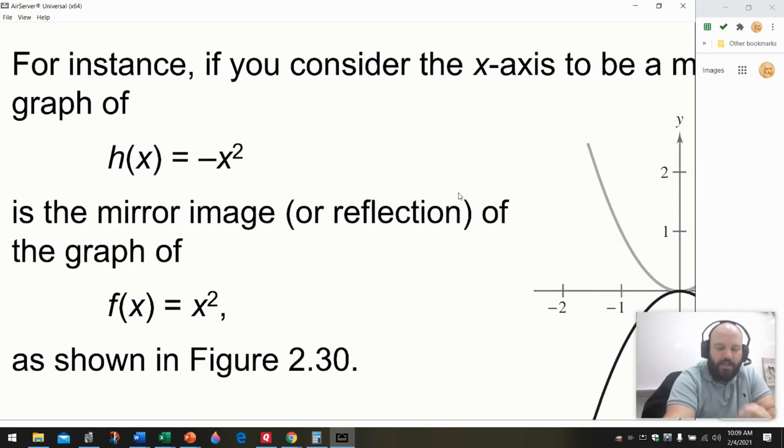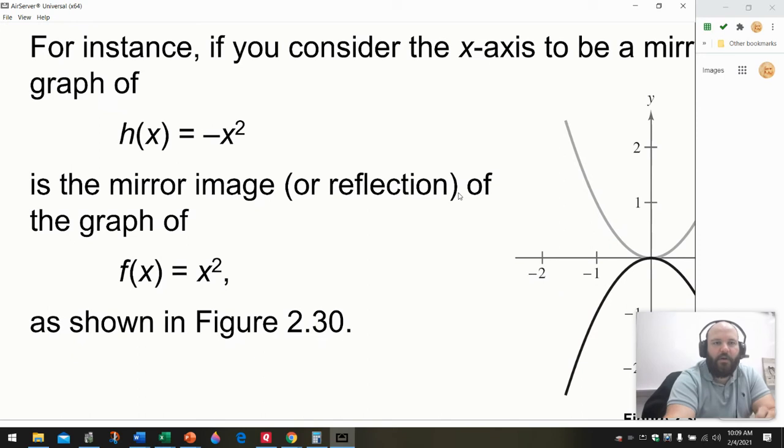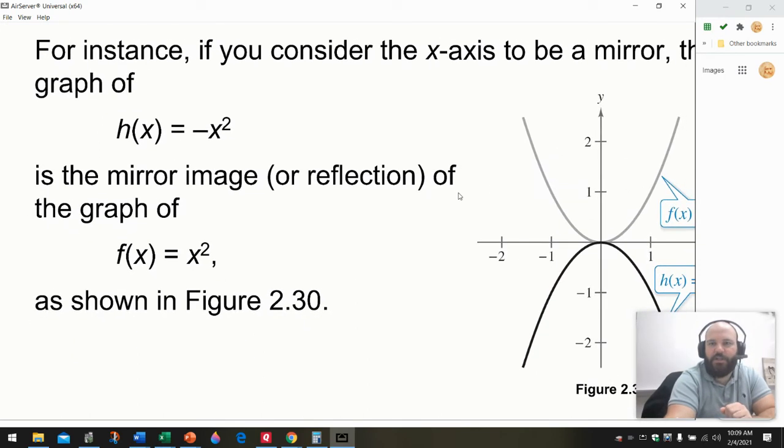If you look at this h of x, first of all, f of x is x squared, and that is our parent function. You can see that graph right here. I'm going to highlight it with pink. So our parent function is f of x equals x squared. Now what you see right here is there is a negative. What you have to determine is whether that negative is inside or outside of the function.